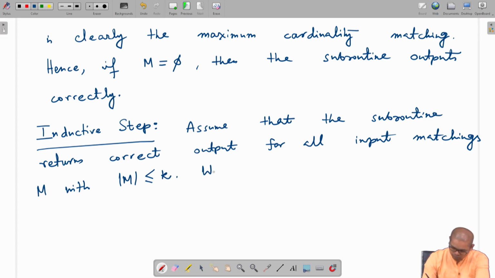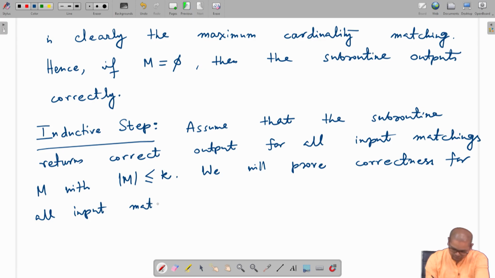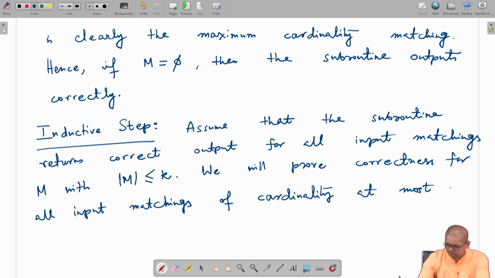We will prove correctness for all input matchings of cardinality at most k plus 1.